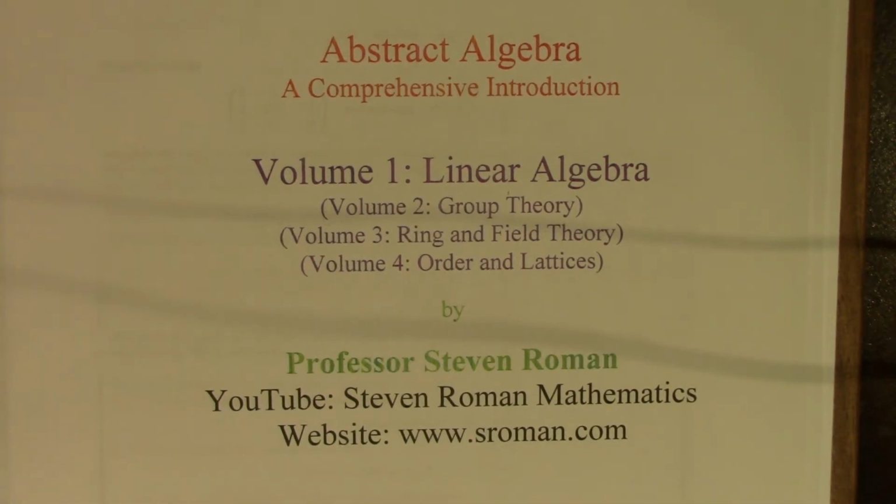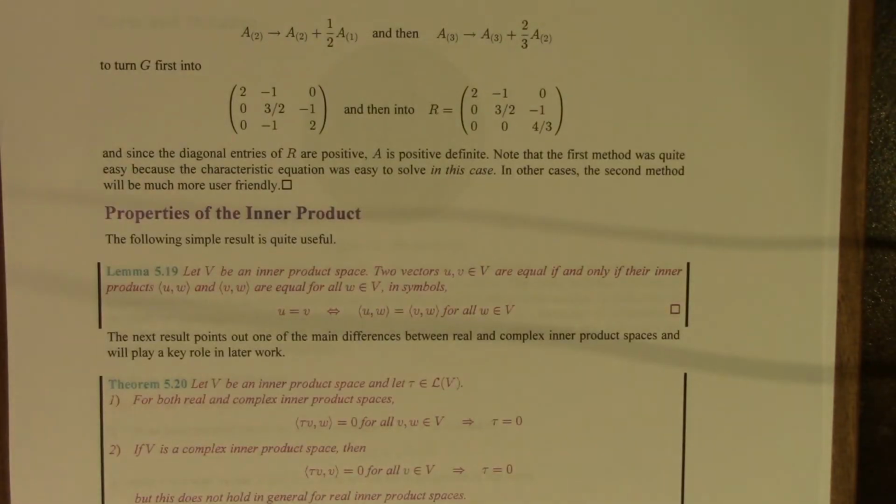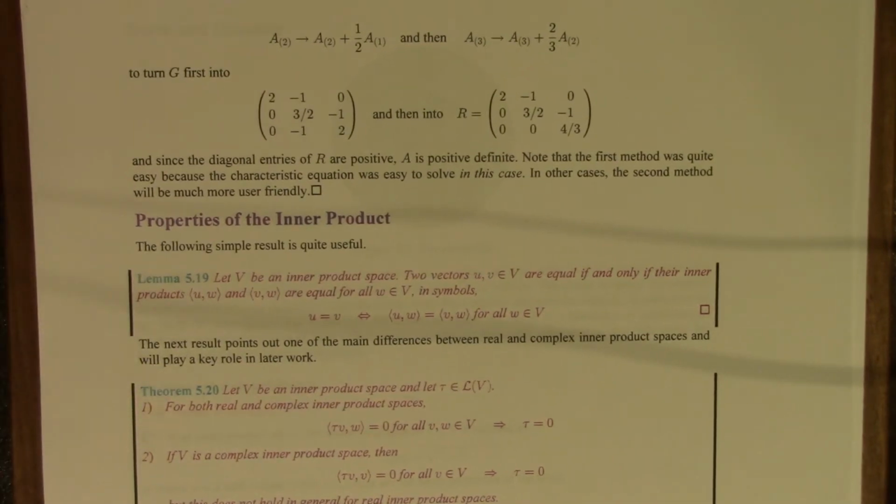Let's continue our study of linear algebra. We are talking about inner product spaces. We've discussed the definition and the corresponding analog to the fundamental theorem of linear transformations. It's a little different, of course.